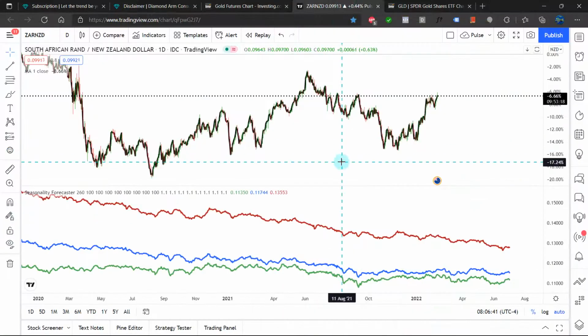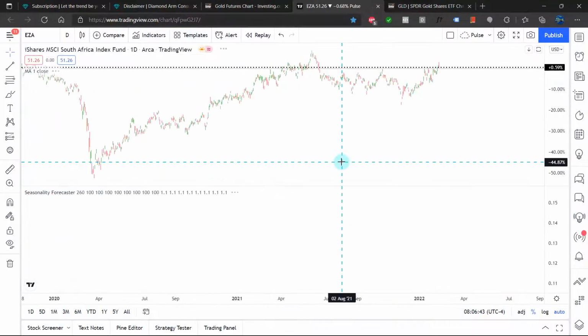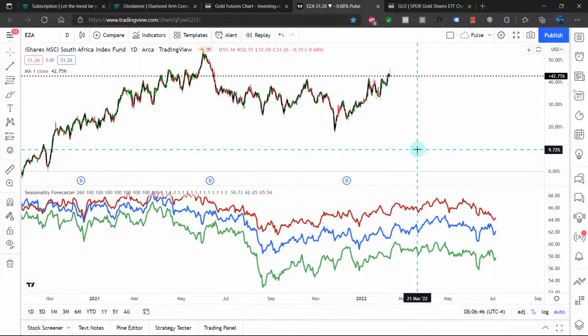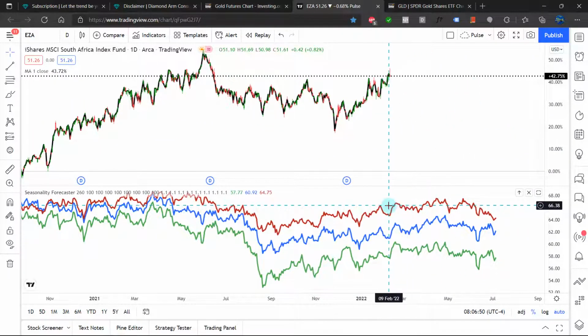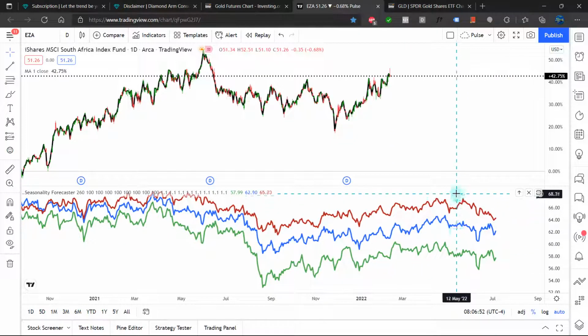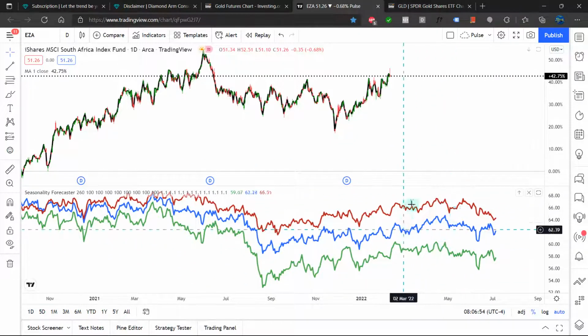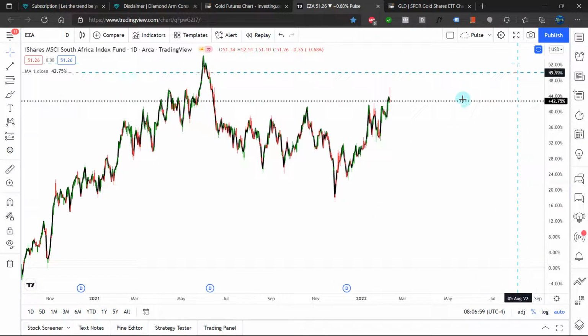Let's just very quickly get the seasonality here for the South African stock market. Yeah, we do see that it's a bit of a rounding-ish, topish pattern across all these time frames for the seasonality. So it sort of corroborates that bearish thesis.